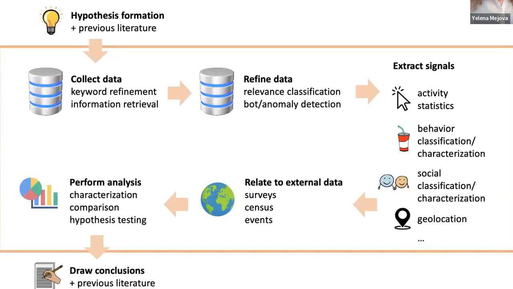To be a little more concrete, what you might begin with is some hypothesis or idea. It could be very vague. And it's very nice to go to some previous literature to say, aha, what did other people do? So one of the first things you might want to do is collect some data for analysis.